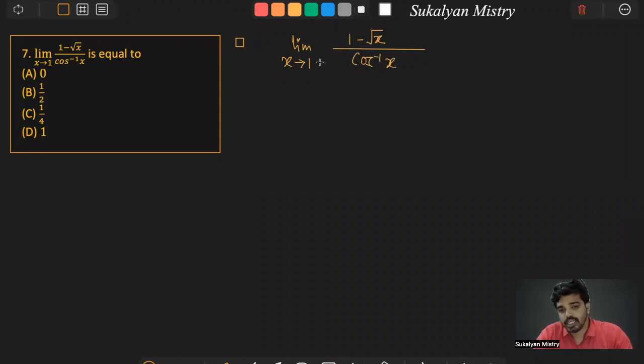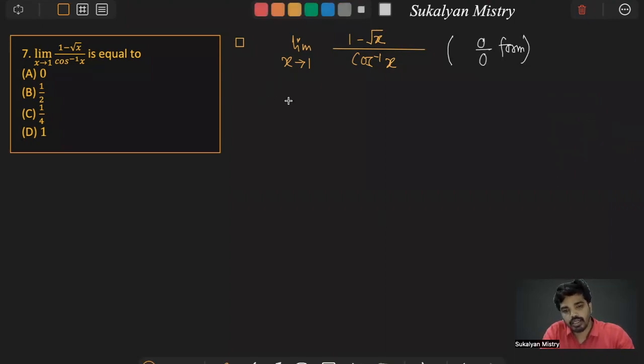So x tending to 1, put x equal to 1: 1 minus 1, that is 0. Cos inverse 1, that means cos inverse cos 0, so that means 0. So this is 0/0 form. So now apply L'Hospital's rule.